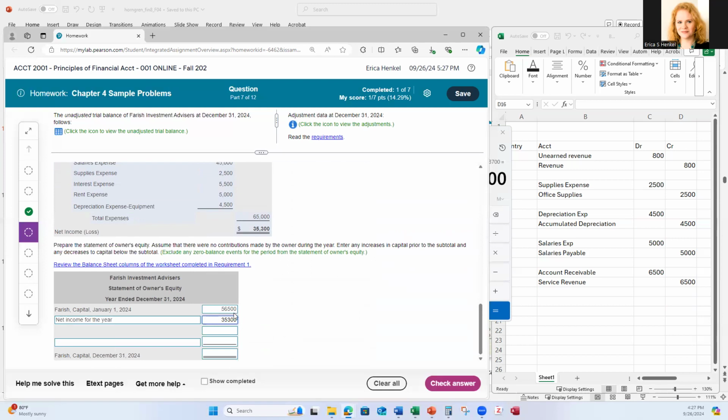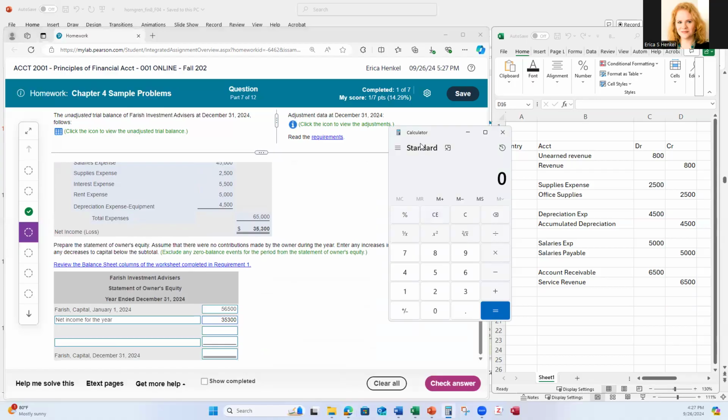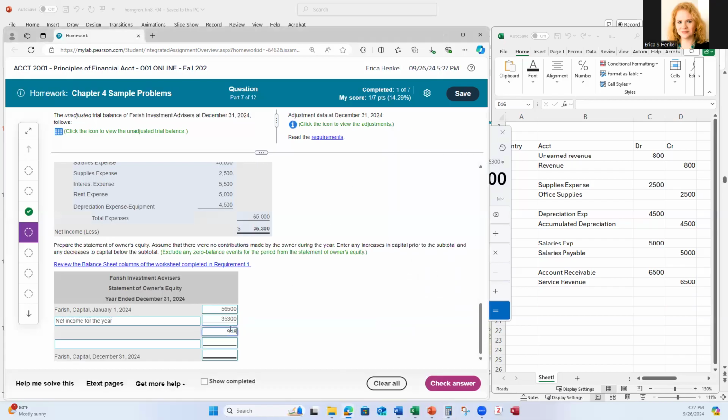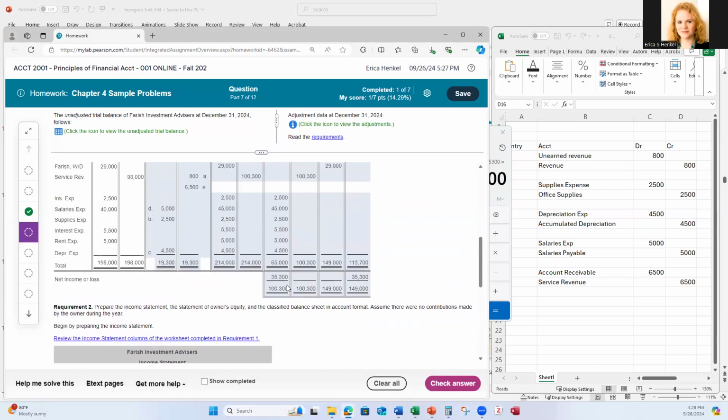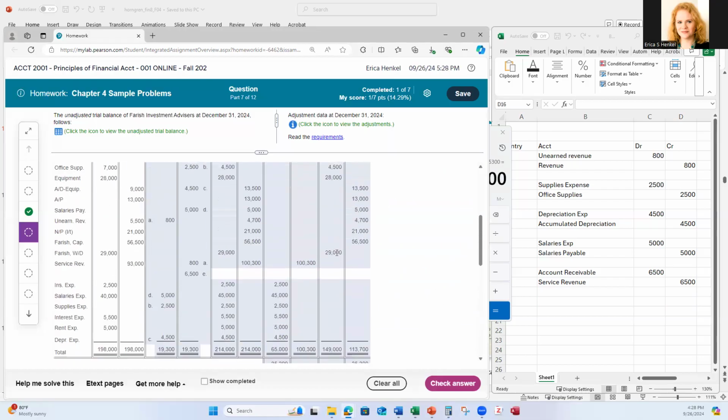So if we take that beginning capital plus the net income for the year, that gets us a subtotal of 91,800. And then from that, we're going to subtract out those withdrawals that we made during the year.